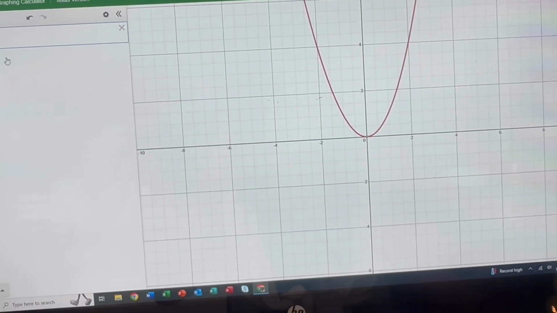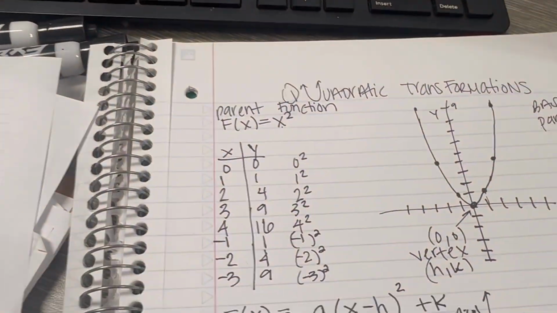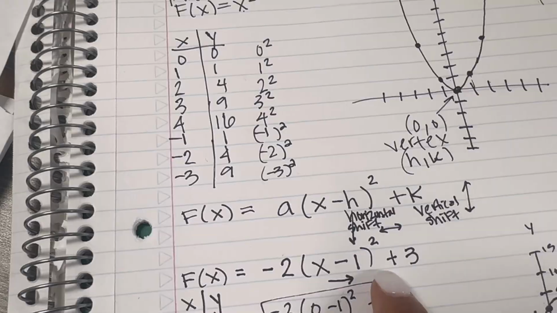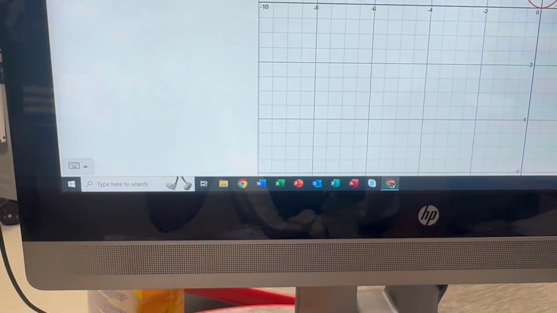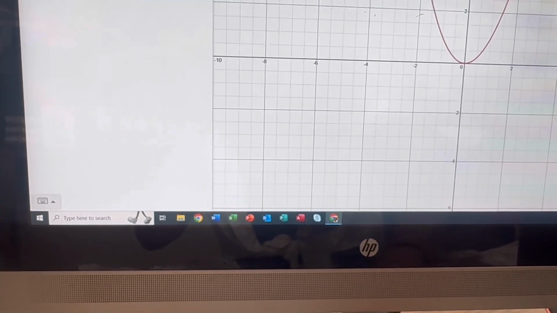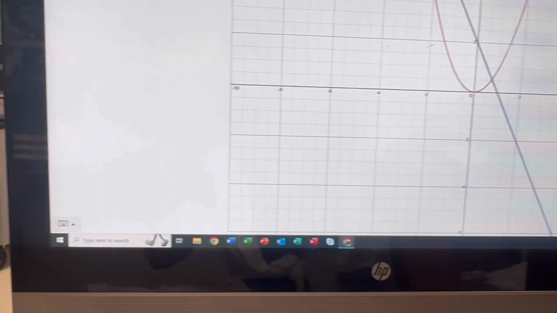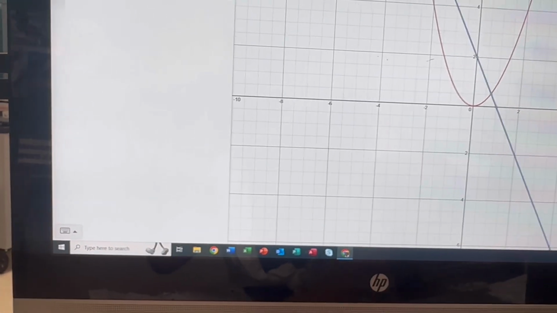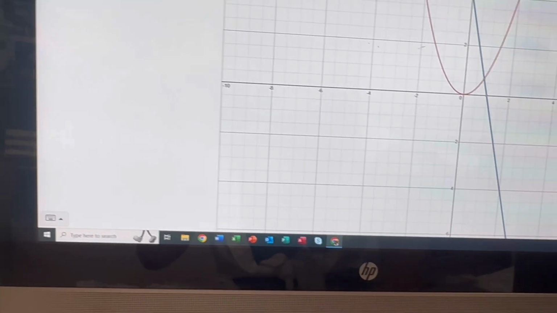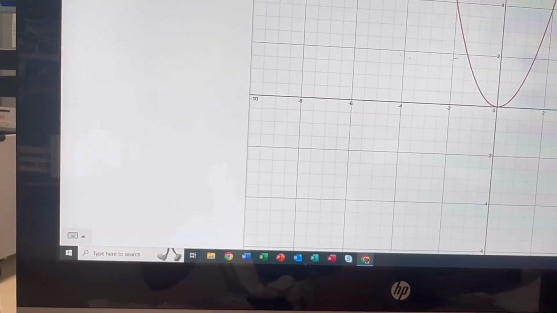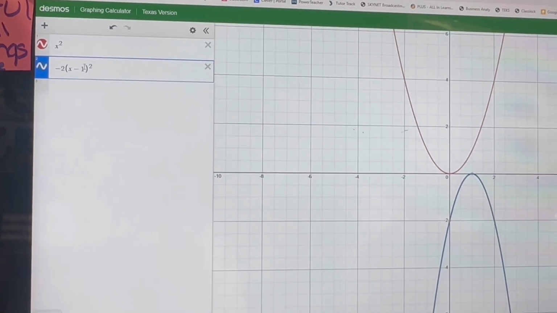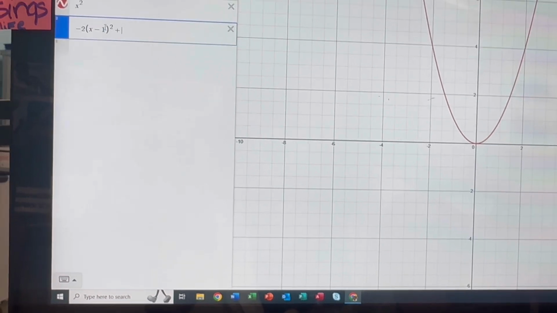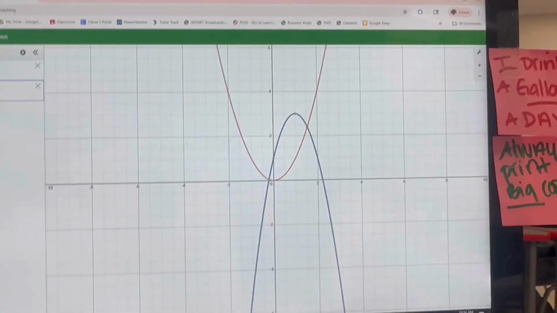Don't erase it. Keep it up there. Graph your new function: negative 2 times the quantity x minus 1 squared plus 3.